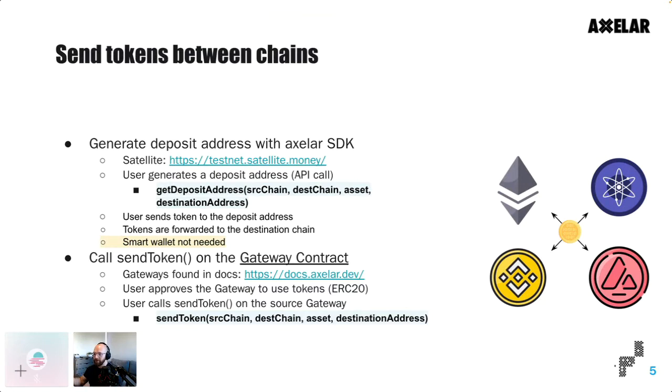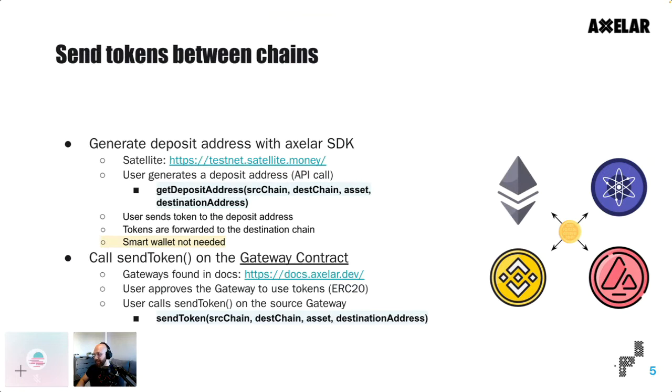Prior to doing that, you should approve the gateway to transfer your ERC20 tokens with the ERC20 approve function, and then you call the gateway send token function that allows Axelar to transfer this asset to the destination chain.